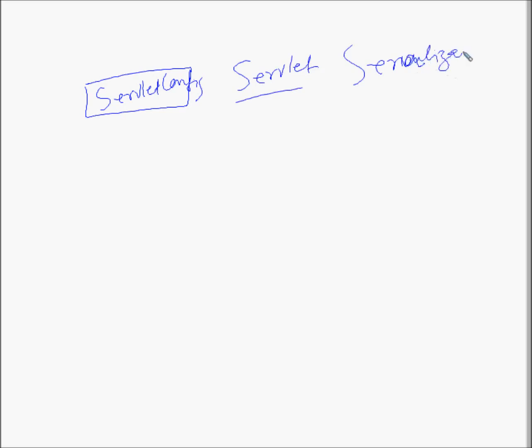There is one API we are having, that is called ServletConfig. Another we are having is Servlet. Another we are having is the Serializable interface. These are the three interfaces we are having. Okay, all three are interfaces.